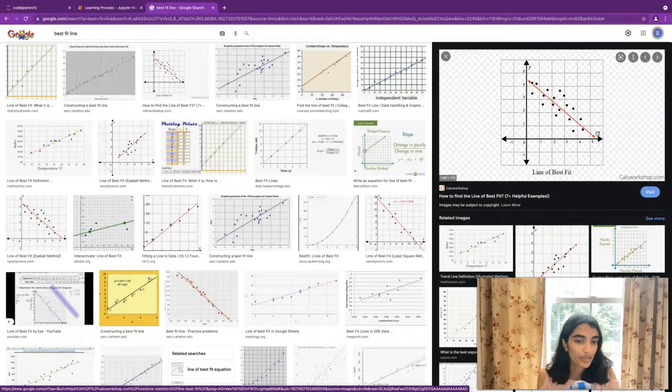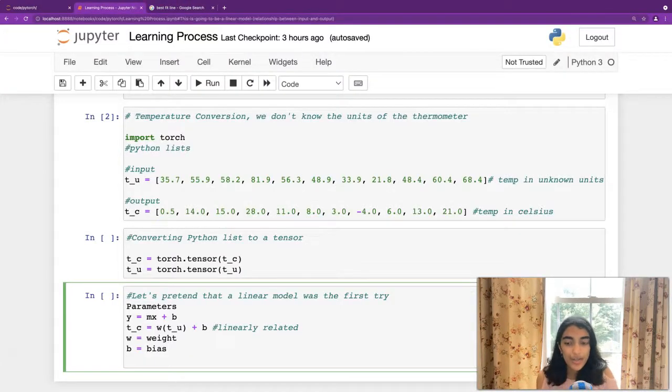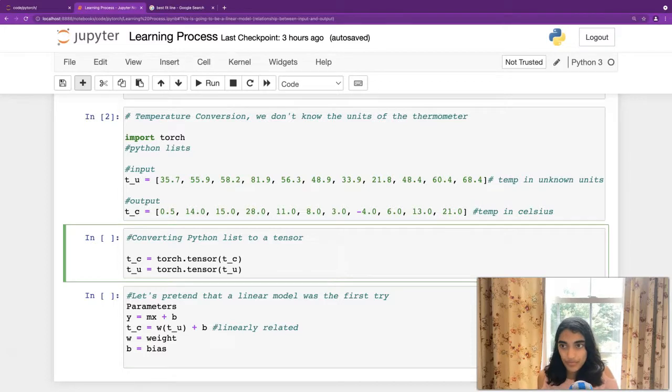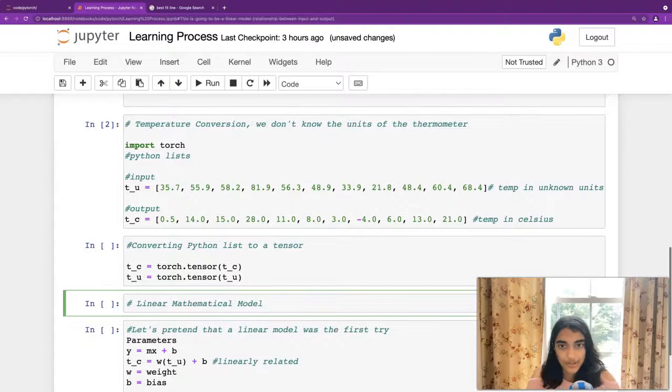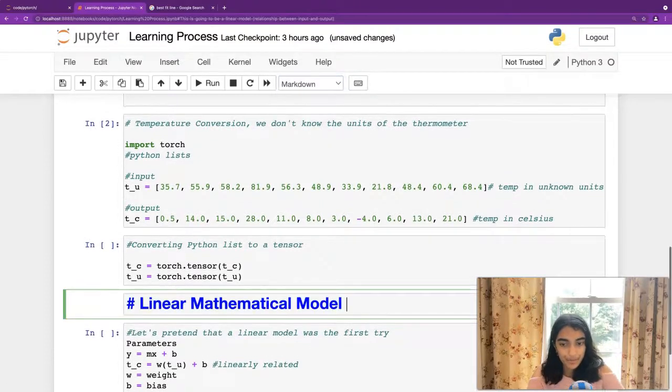And so basically this is fitting a line. This is training a model. And when we train our model, what we're doing is finding the perfect line that models our data. Okay, so in deep learning, we're going to have a lot more parameters, but with a linear mathematical model that represents our data, we have 2 parameters.